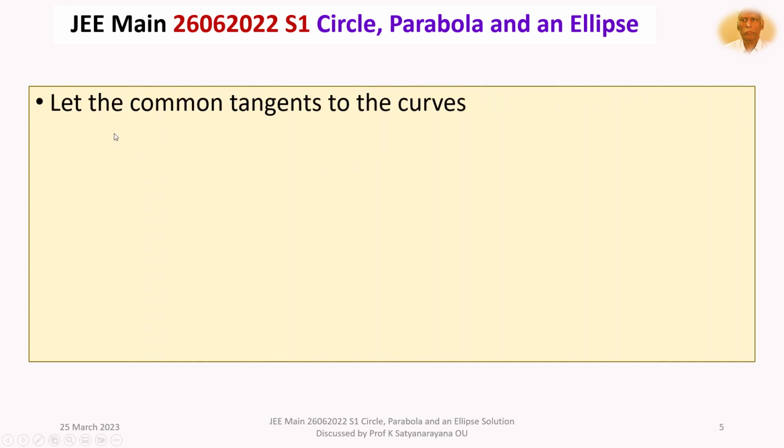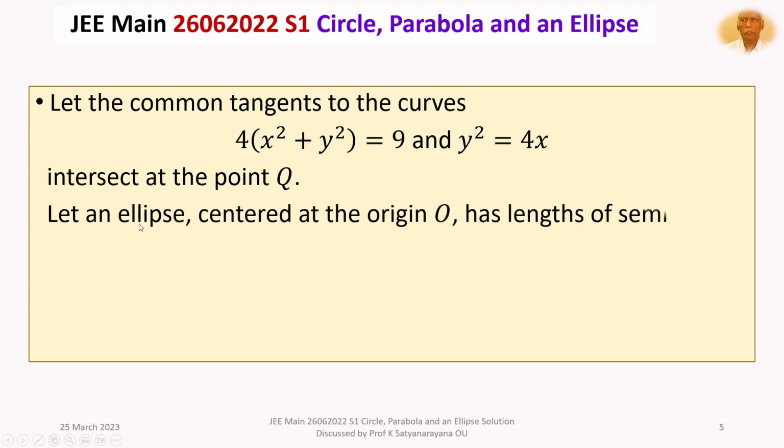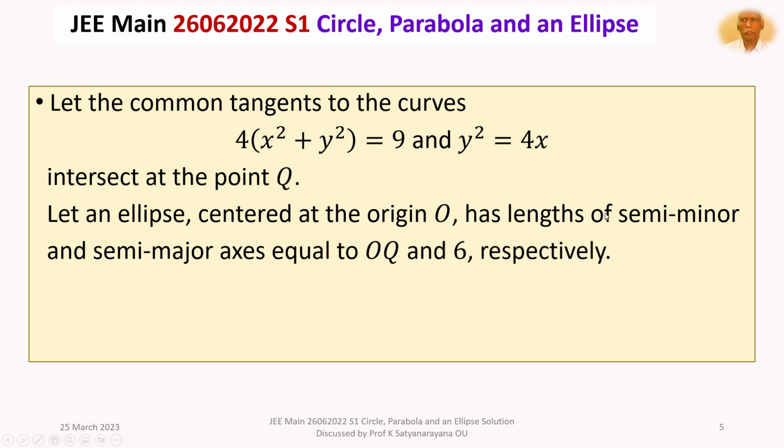The given question is: let the common tangents to the curves 4x² + y² = 9 and y² = 4x intersect at the point Q. Let an ellipse centered at the origin O have lengths of semi-minor and semi-major axes equal to OQ and 6 respectively.